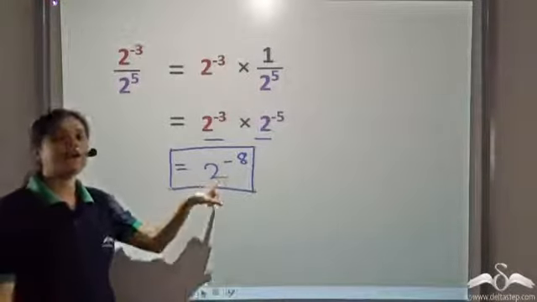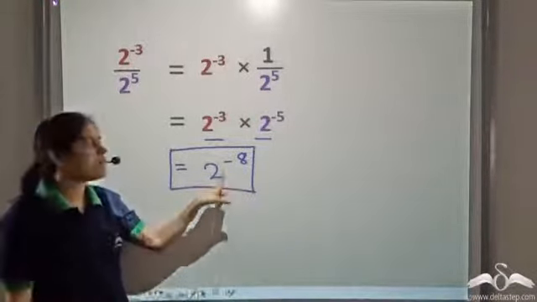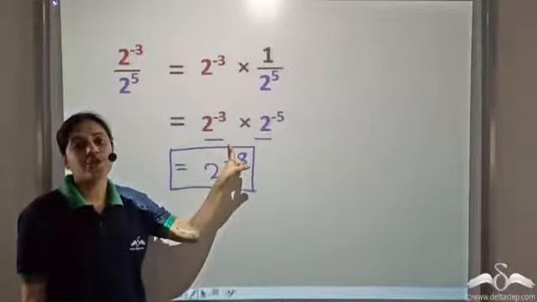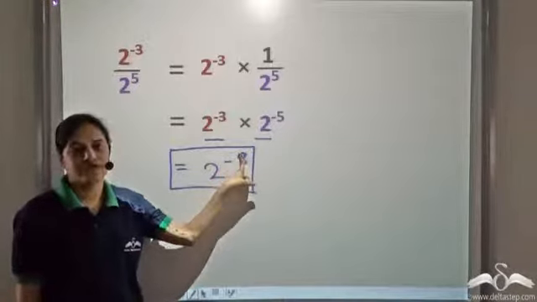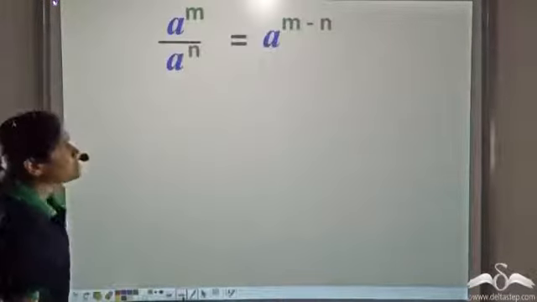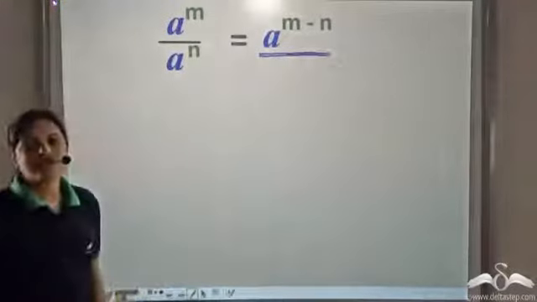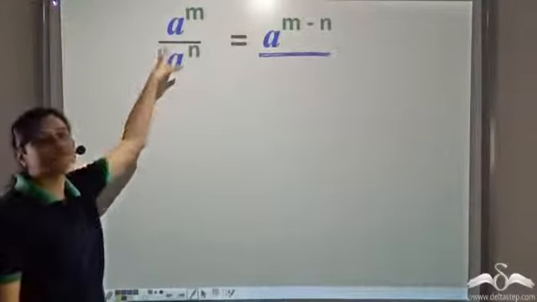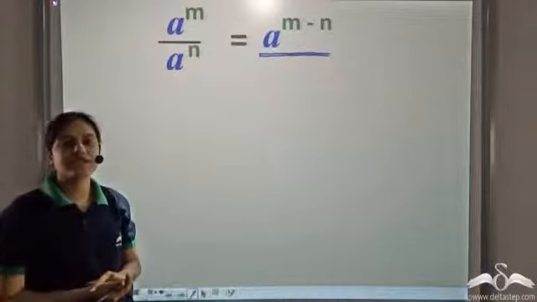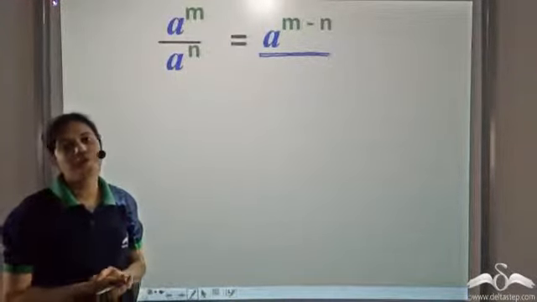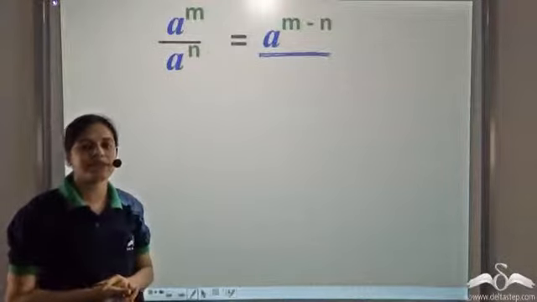But this time we have got this result by using the law of exponents for multiplication and not the law for division. So this result for division of two exponentials with the same base can also be derived using the law of exponents for multiplication.